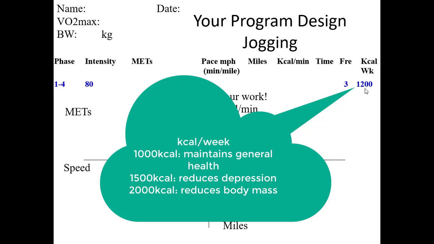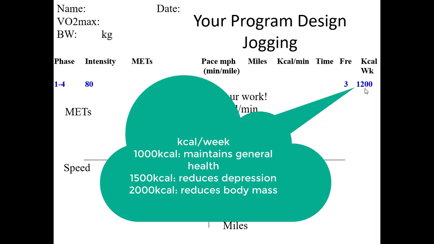How about class? This is important. If you want to maintain your health, you need at least 1000 kilocalories per week from exercise. However, if we want to reduce depression, a good amount is around 1500 kilocalories per week.